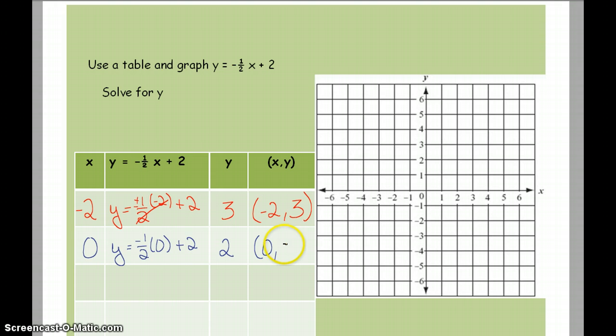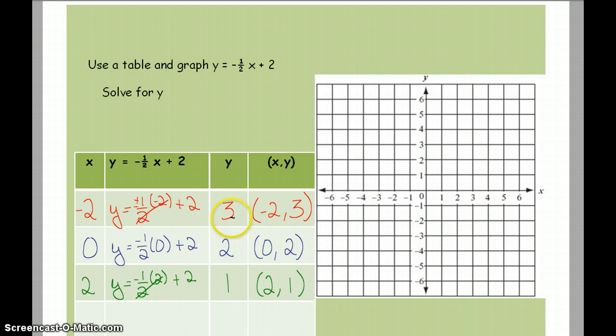So my coordinate is the point 0, 2. Next, I'm going to use positive 2. So y is equal to negative 1/2 times positive 2 plus 2. A negative times a positive is going to give me a negative. Negative 1 plus 2 is going to give me 1. So now I have the point 2, 1.